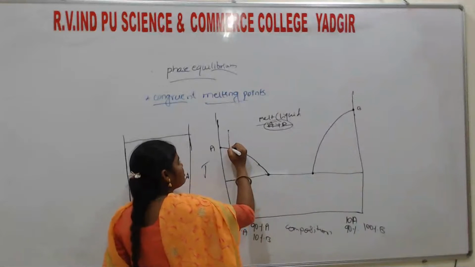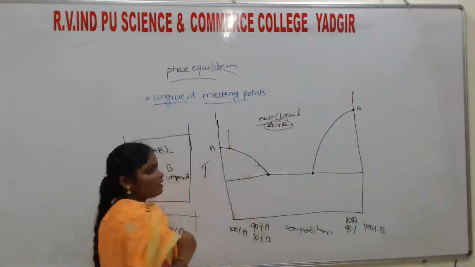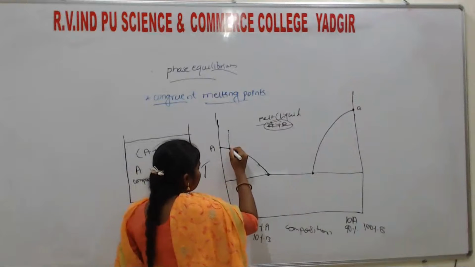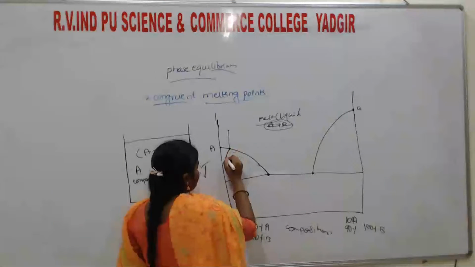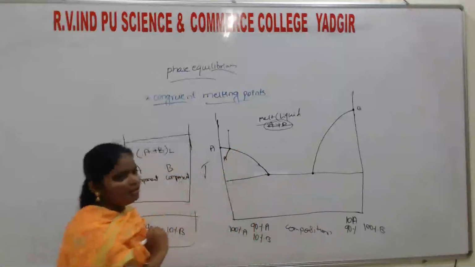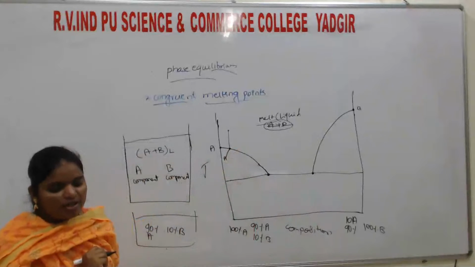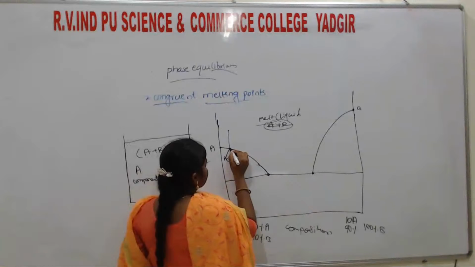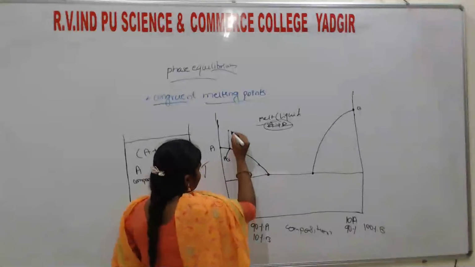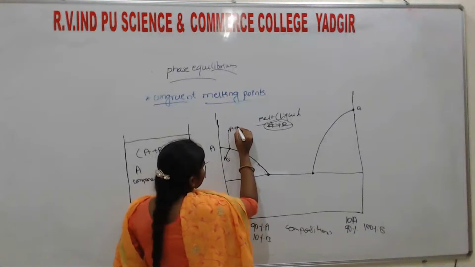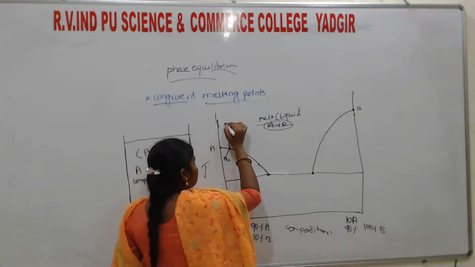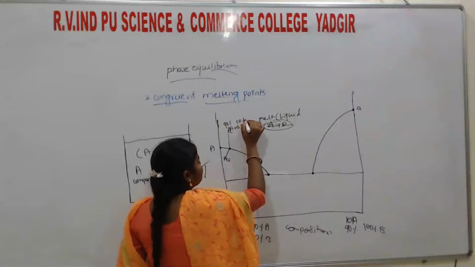We attain this freezing curve, and here A separates out as a solid, in the presence of the A plus B liquid, at 90% A and 10% B.